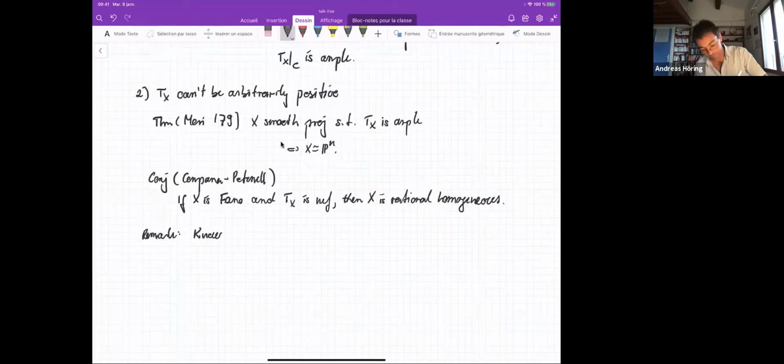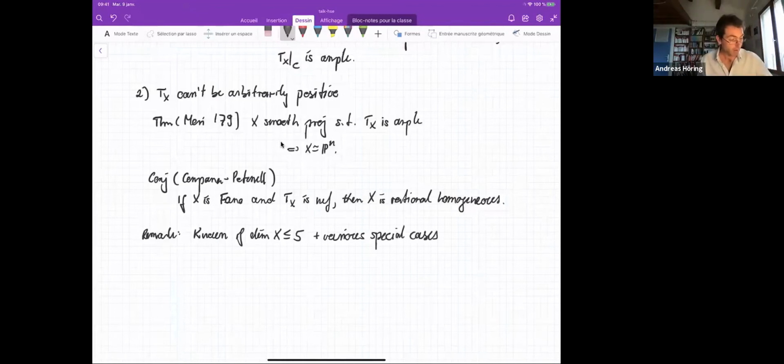Plus there are various special cases in the literature; there's been quite some activity on this conjecture in the last, say, 10 years. So this is somehow the starting point. We already know quite a number of things, and now I want to go in a different direction.